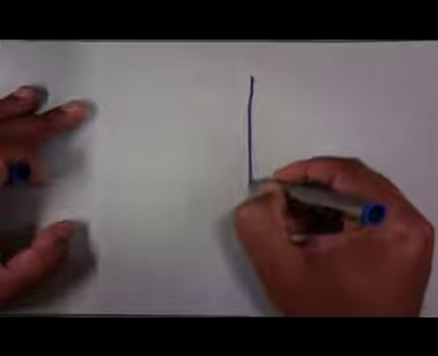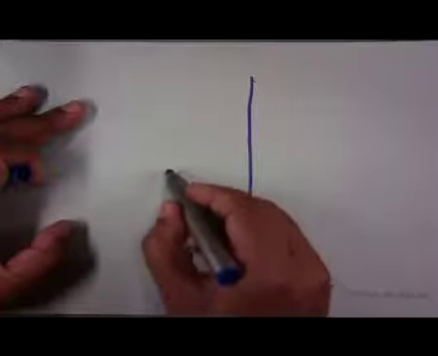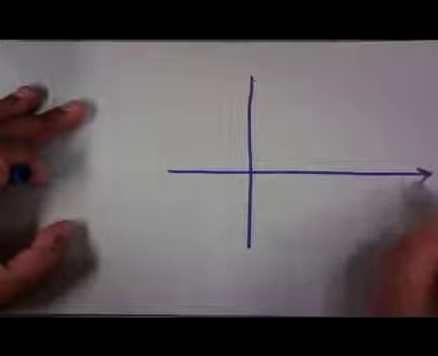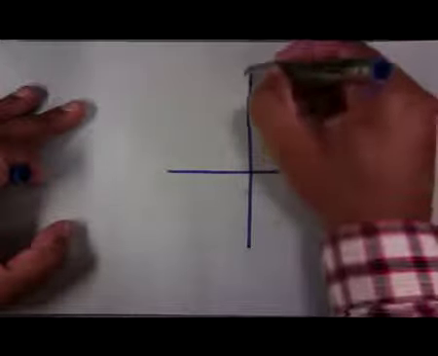So, the first circle was x square plus y square equals 4. So, let us draw the coordinate axis here. Let us say this is the y axis and this is the x axis.